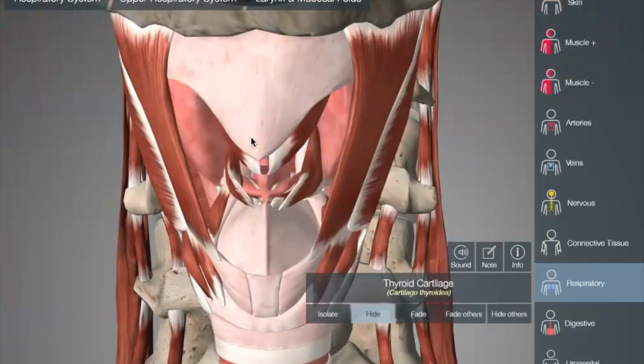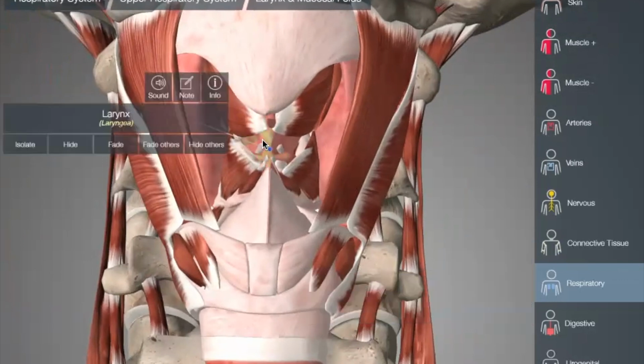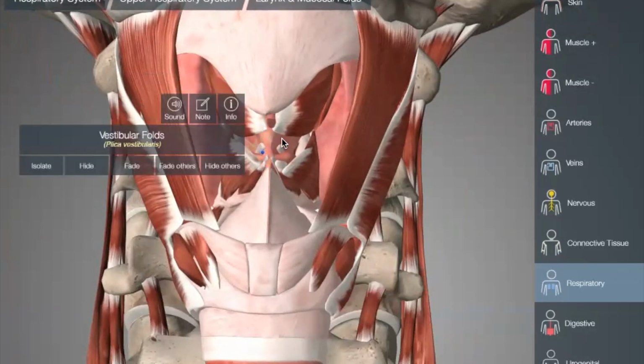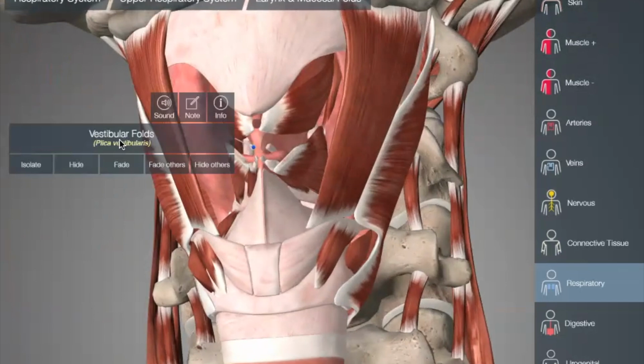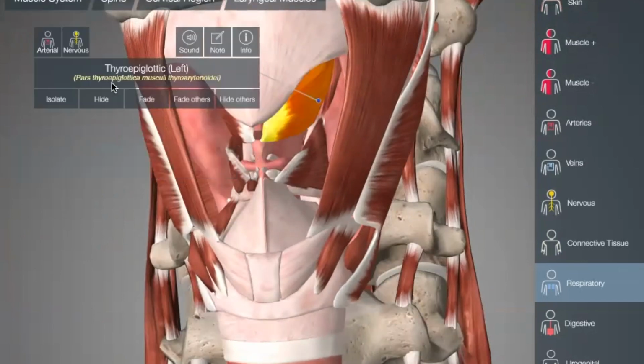And so these muscles are used first of all, and as I said, this is the larynx. You see those vestibular folds? These are the folds that are controlled by these muscles. And these muscles are required to create this function called the phonation. What does phonation mean? It is basically the production of voice.